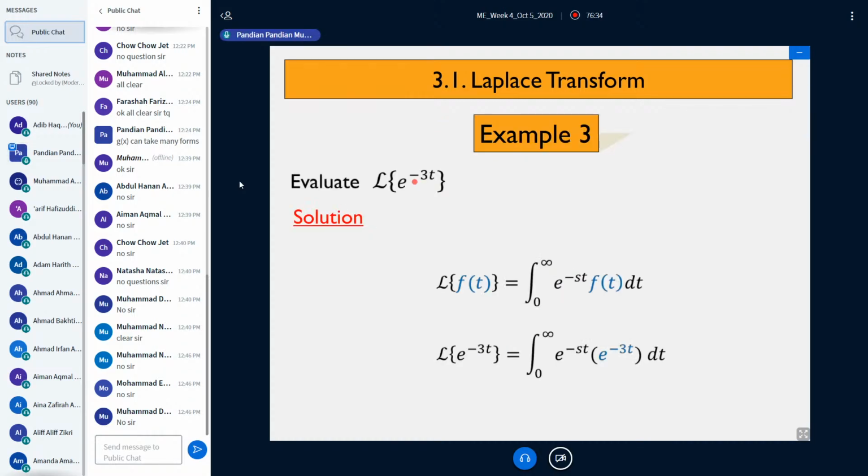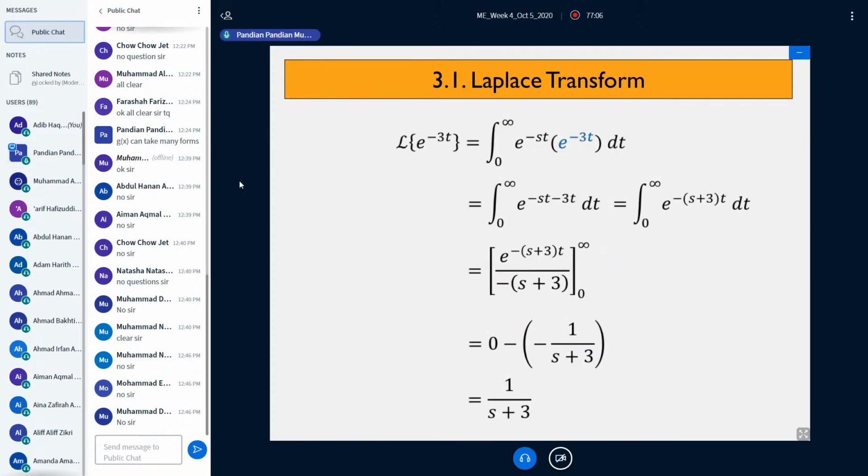And now we try Laplace for e power minus 3t. So use this formula, Laplace of f(t), 0 to infinity, e to the minus st f(t) dt. So substitute your f(t) with e power minus 3t. But you can combine these two, which is much better because it is easy to integrate.